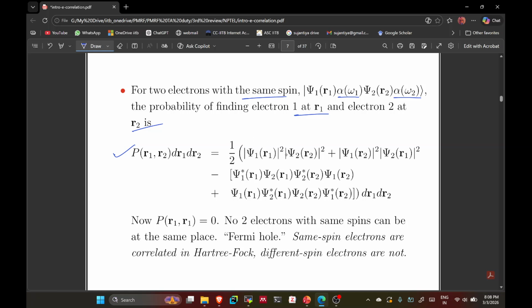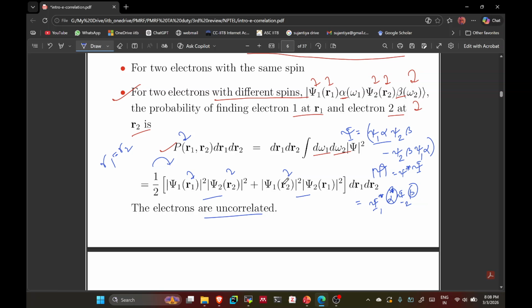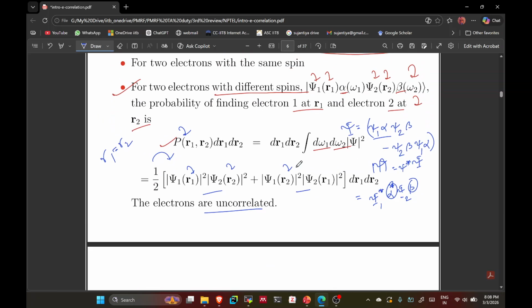These two terms are the same as the previous, but these terms are not going to zero because they have the same spin, alpha and alpha, so they are surviving, not like the previous terms, which go to zero because alpha and beta were different and the spin integration gives zero.